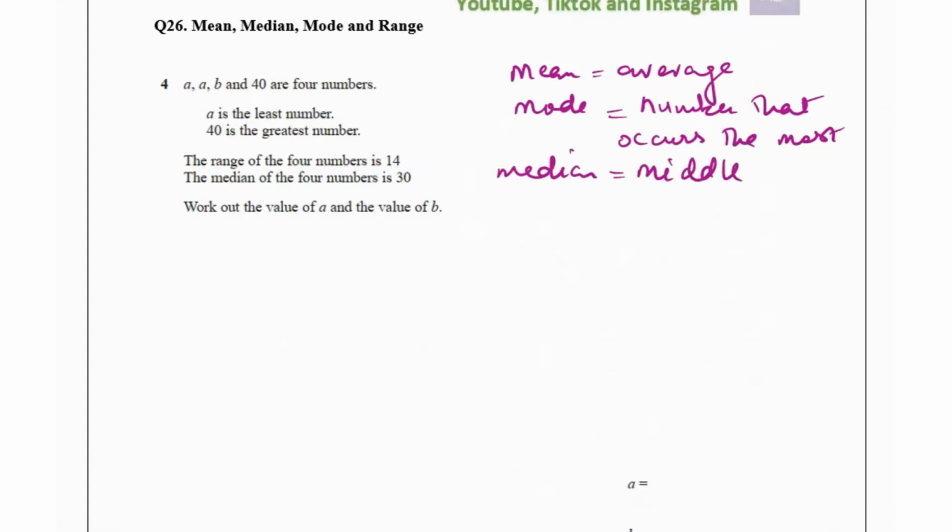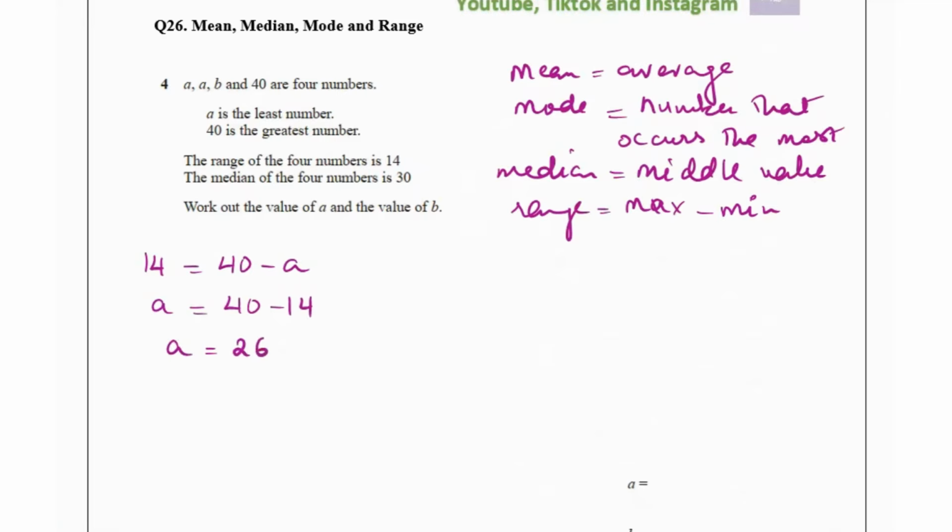And range is your difference of the maximum and minimum value. So they said that the range is 14. So 14 is 40 minus A. So that means A is going to be 40 minus 14, which is 26.